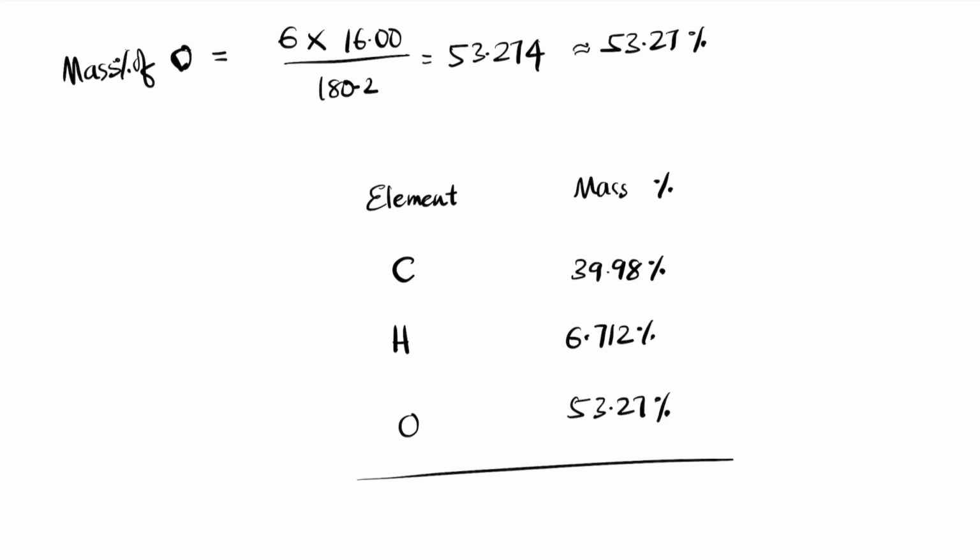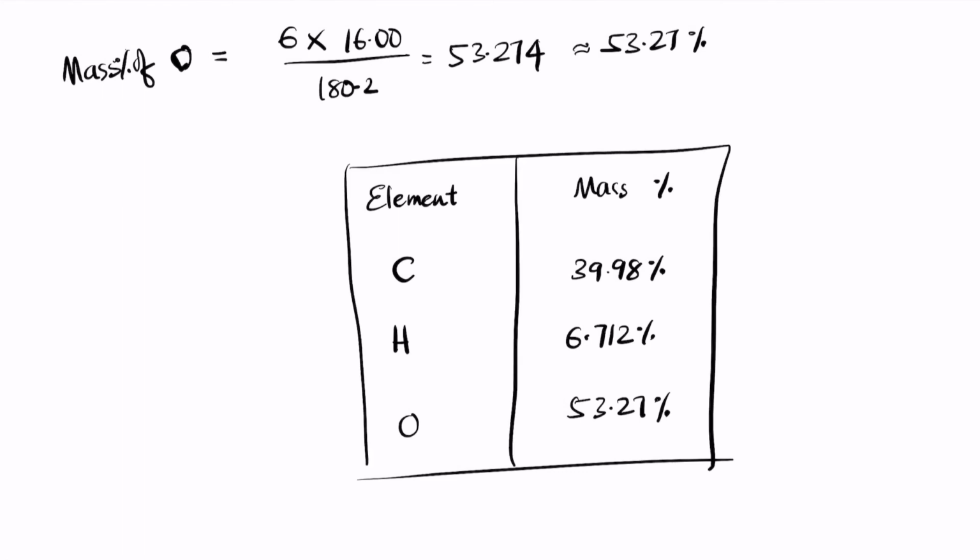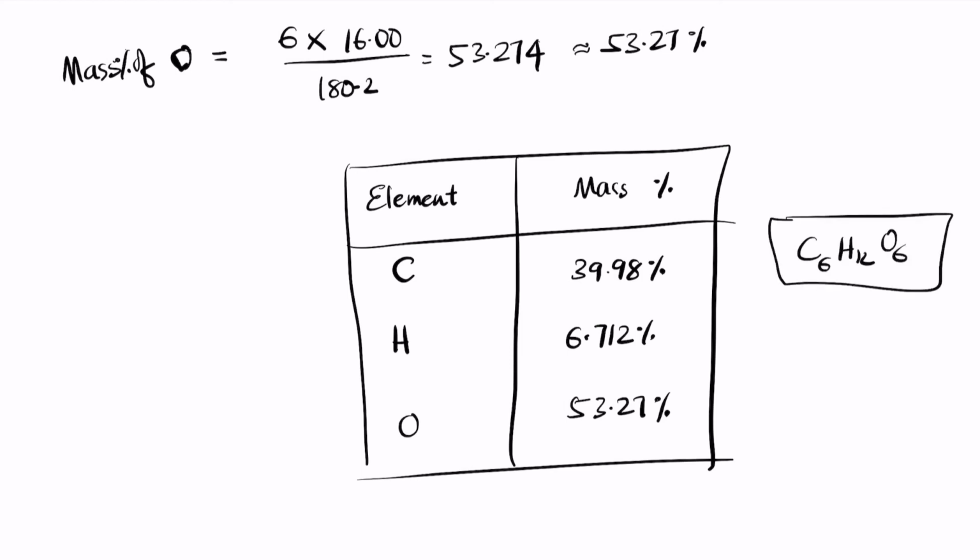If you add all of them, you should get 100%. That's the idea behind the mass percent here. This is in C6H12O6. So this is the problem.